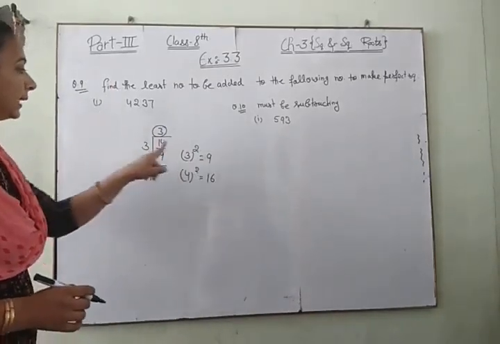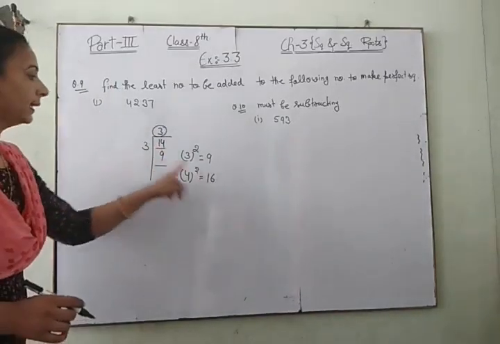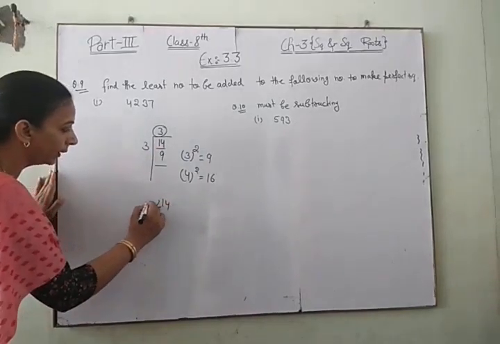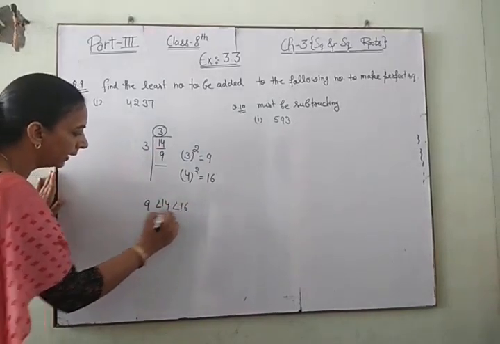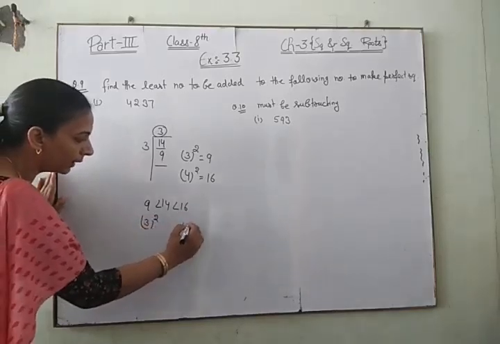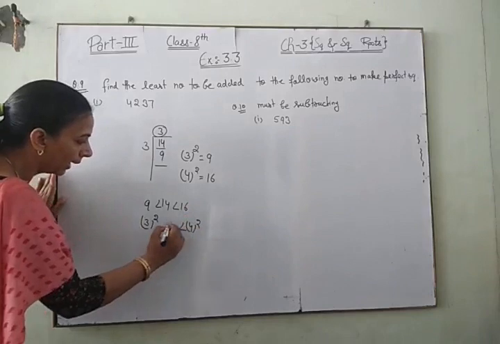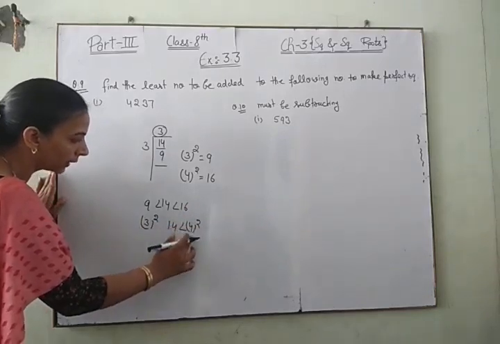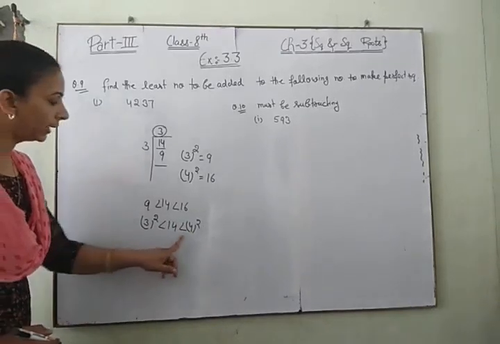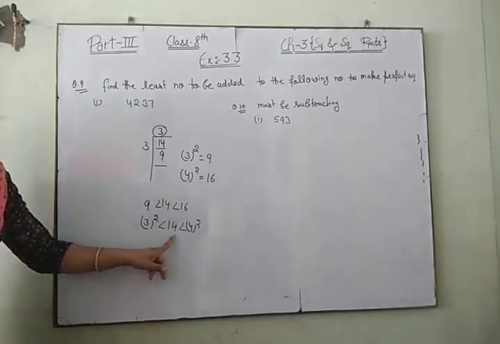Students, 9 is less than 14 and 16 is greater than 14. Then 14 lies between 9 and 16. 9 is the square of 3 and 16 is the square of 4, and 14 is greater than the square of 3 and less than the square of 4.